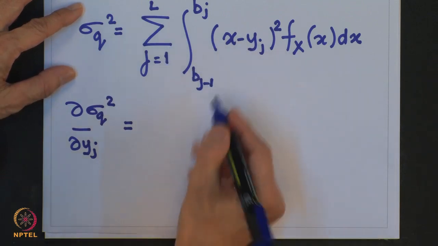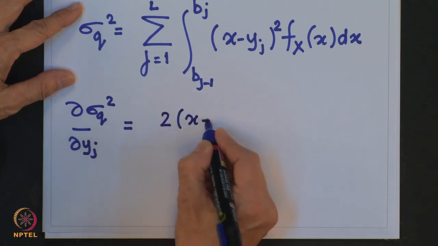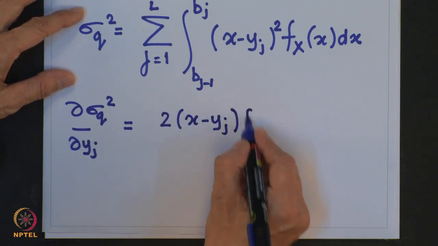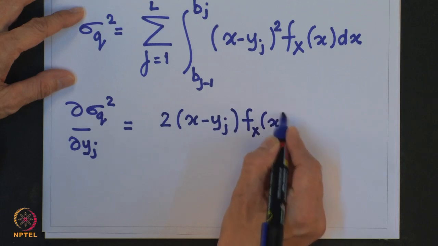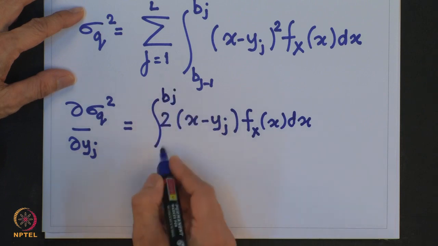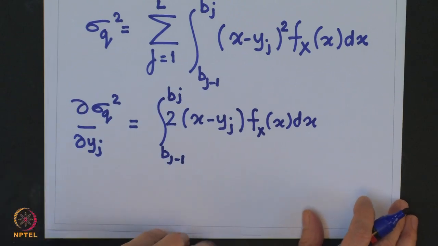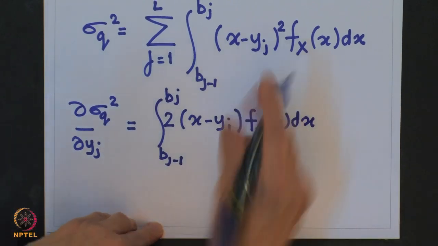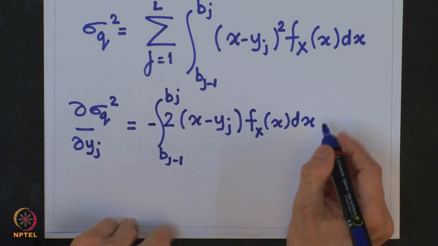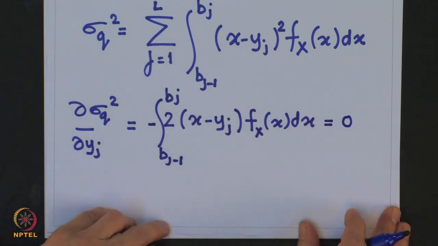What I will get is from here, with a minus sign, and this is equal to 0, I have to equate.